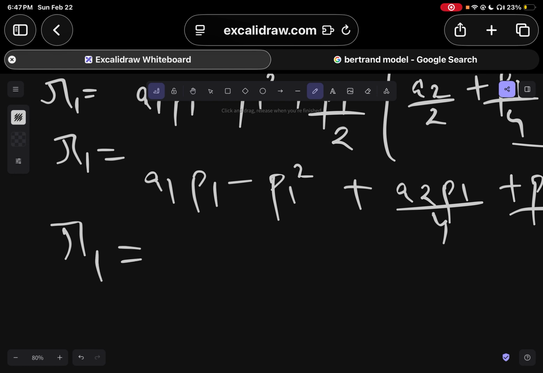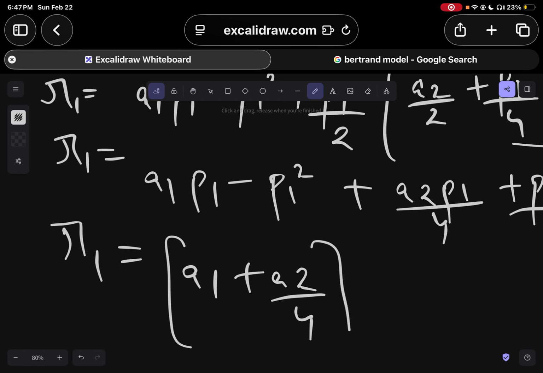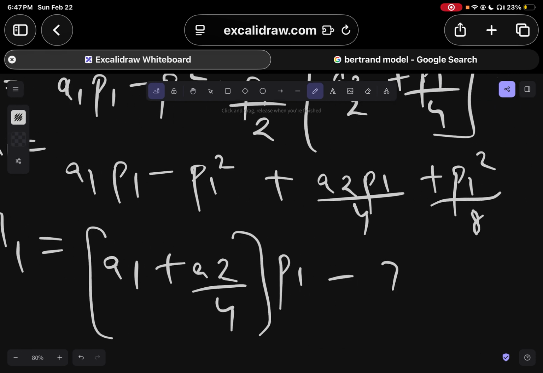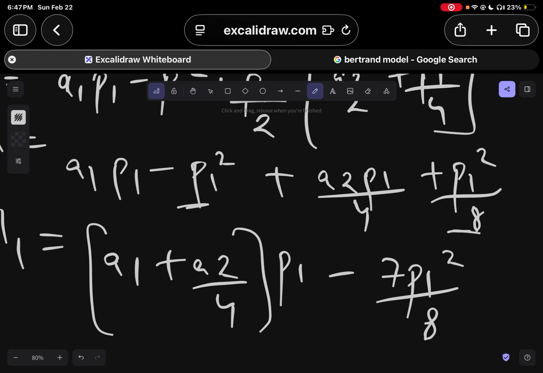Pi 1 would now be A1 plus A2 upon 4, we just take out the P1 as common, minus 7, and we take the denominator 8, and this would be 7 P1 square upon 8.